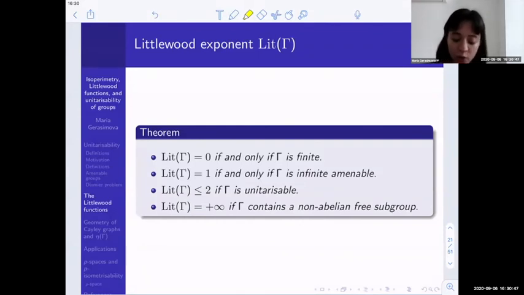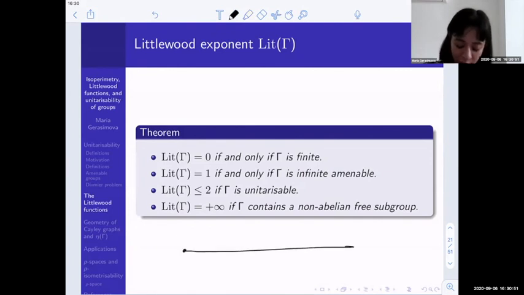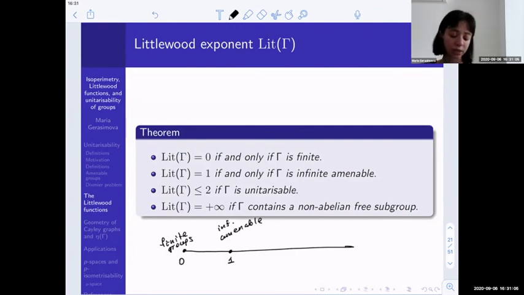So let me draw a picture. Here we have 0, and here we have finite groups. Here we have 1, and here we have infinite amenable groups. If amenability and unitarizability are not the same, we have unitarizable groups somewhere here.